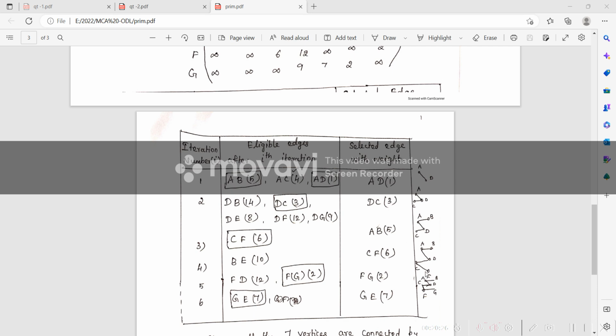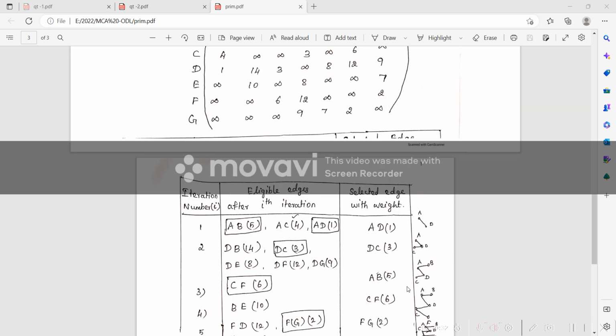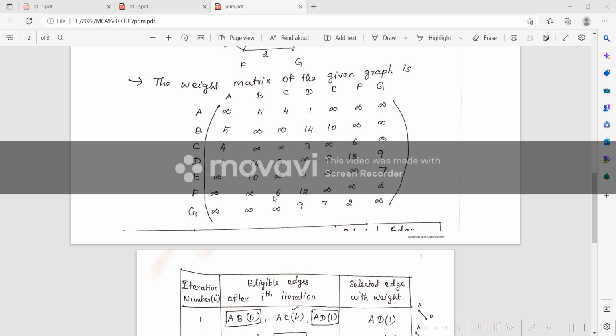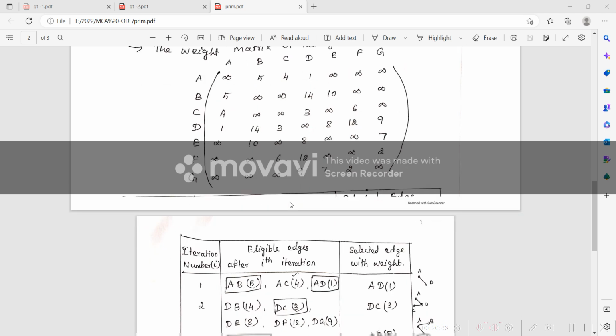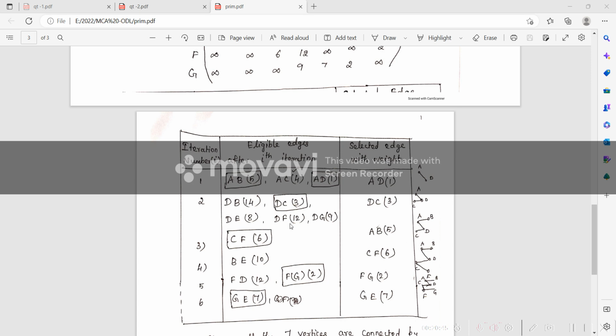So all the edges emerging from F, we have to consider. So from F we have FC, that one is included initially, and then FD, that is also mentioned here. But wrongly we have taken FD.